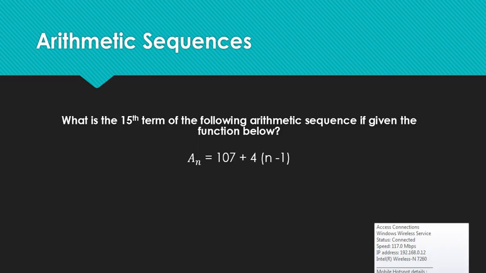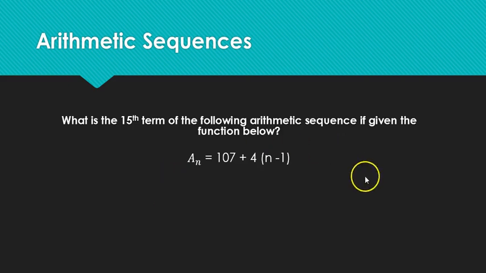Okay, what is the 15th term of the following arithmetic sequence if given the function below? So we're looking for the 15th term. All we have to do is plug in 15. 15 minus 1 is going to give me 14. 14 times 4 gives me 56.